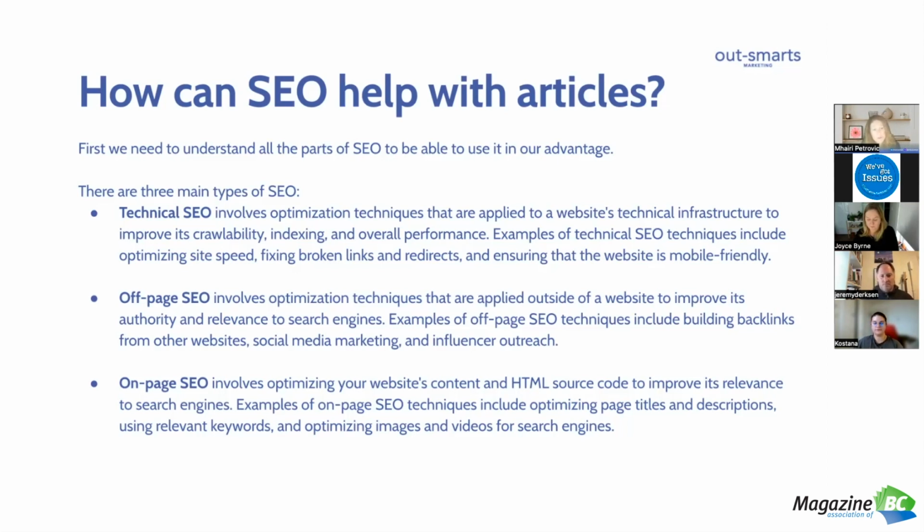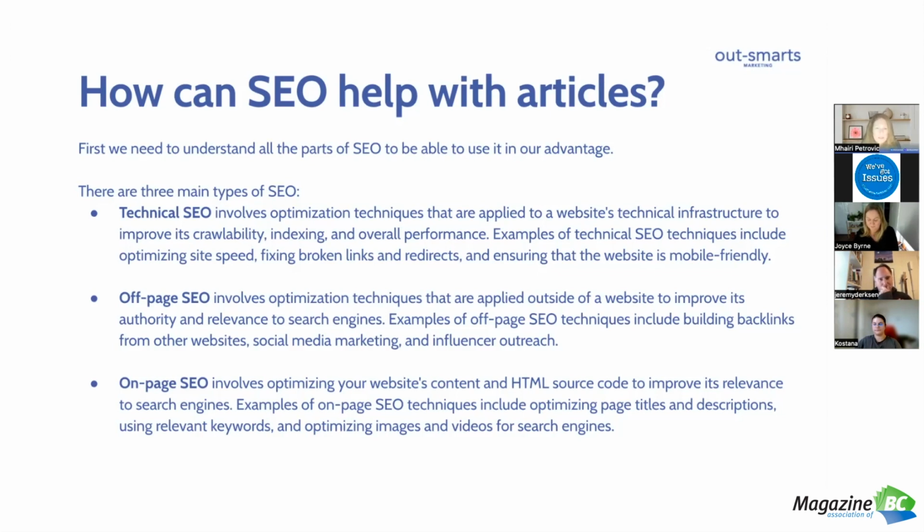But first of all, we really need to think about and understand all the parts of SEO, because there are different disciplines or different components that we need to take into account when thinking about how we can improve and help people find your articles more.